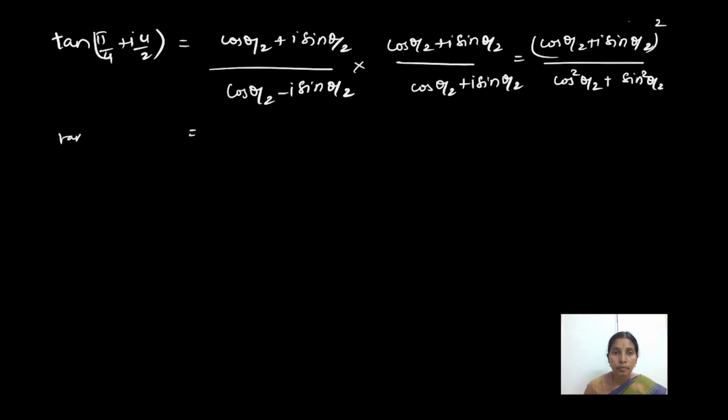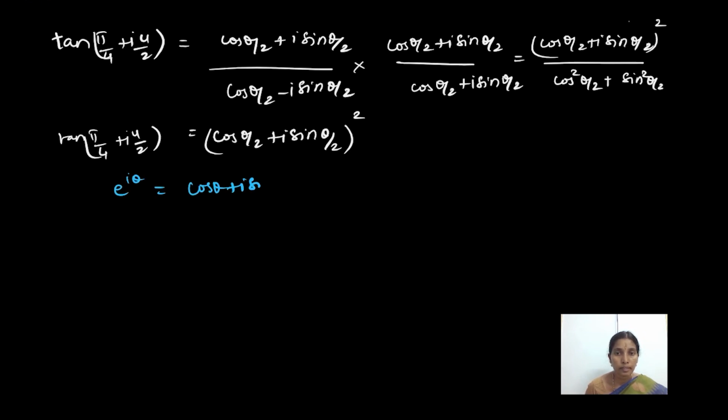So tan of pi by 4 plus i u by 2 equals cos theta by 2 plus i sin theta by 2 the whole square. Already we know that e power i theta equals cos theta plus i sin theta.